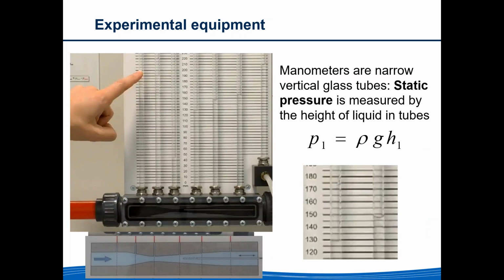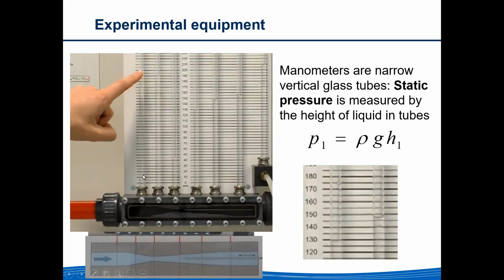So how do we measure pressure? Very simple. We use very simple instruments called manometers. Manometers are narrow vertical glass tubes filled with water. You can measure the static pressure by measuring the height of the liquid inside these tubes.